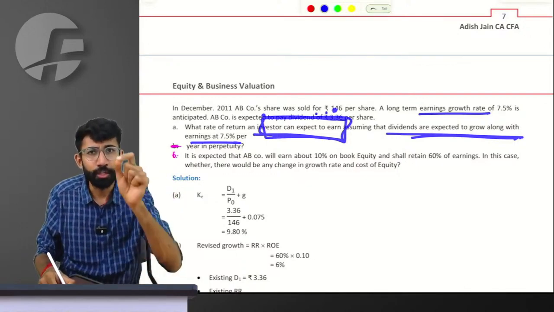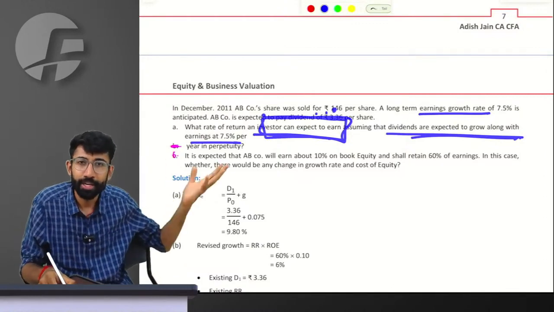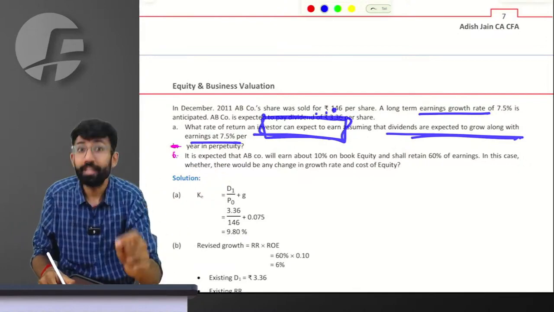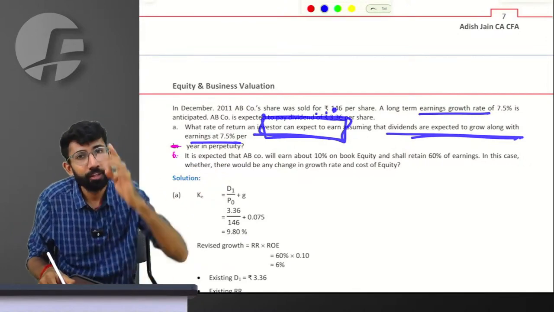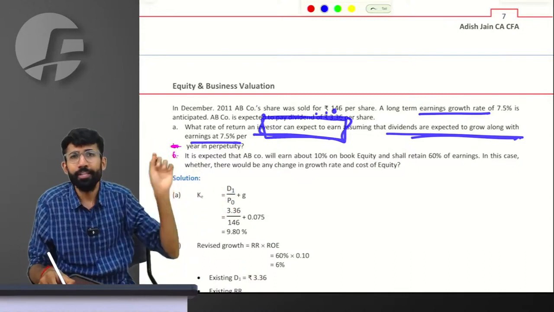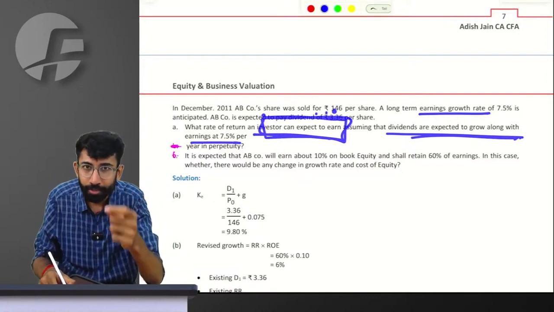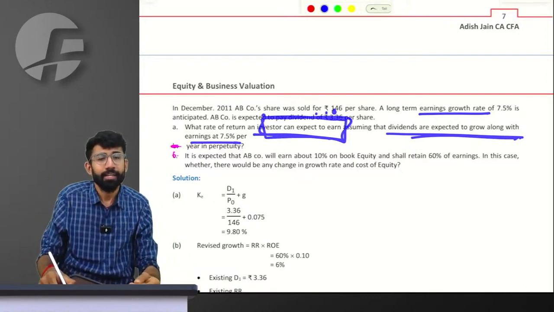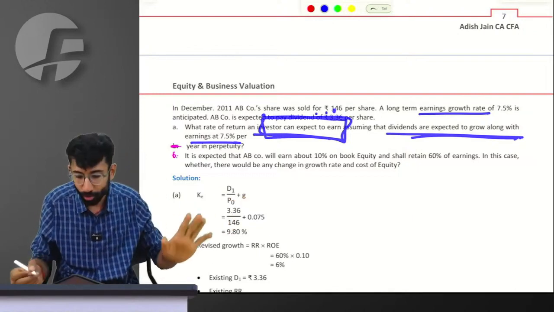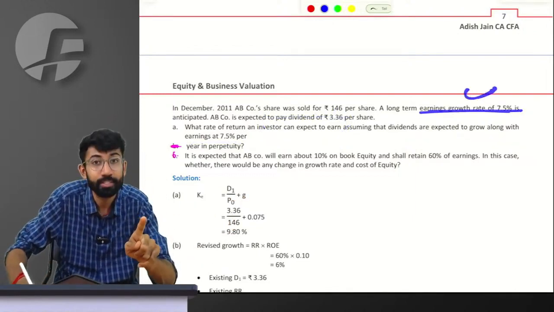And that is the difference between a student who is studying directly from the study material or who is taking, let me very clearly tell you, even the regular batches available in the market. With this clarity, it is not being taught in even the regular batches what you're learning in the fast track. And that is what will make a difference between you and a student in general, that okay, I need dividend growth, here earnings growth is given.